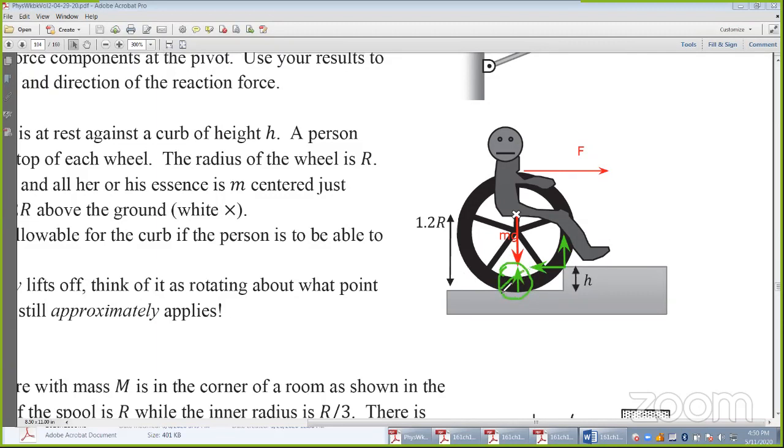This is not legit. Why? Because the person is lifting off the curb. As they lift off, that normal force goes to zero. So if they're just barely able to lift off, another way of thinking about it is they're going to rotate about this pivot point right here. And if they're just barely able to do it, alpha is approximately equal to zero. So you might be saying, wait a minute, this is not a statics problem.